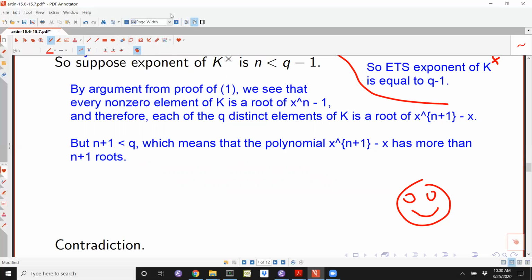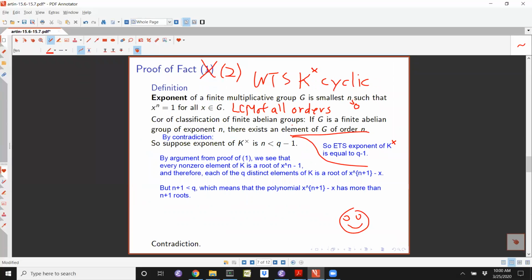So let's look at that whole proof again. We want to show that the multiplicative group of K is cyclic, and so by group theory, by the classification of finite abelian groups, the thing we want to show is that the exponent of the multiplicative group of K is equal to q minus 1.